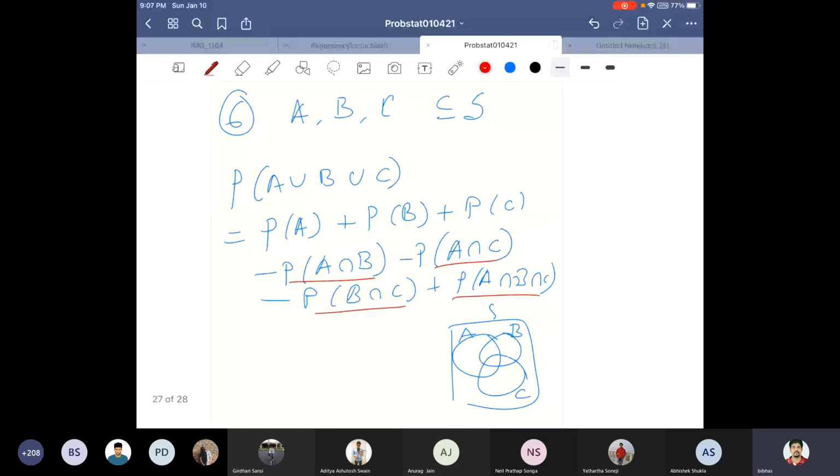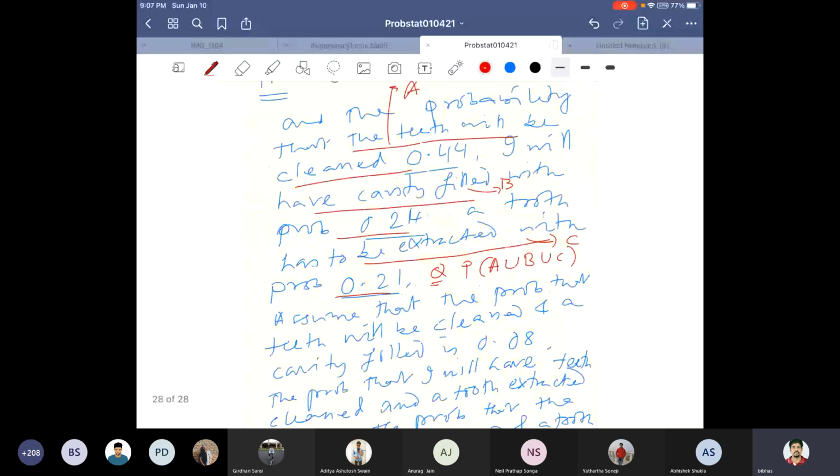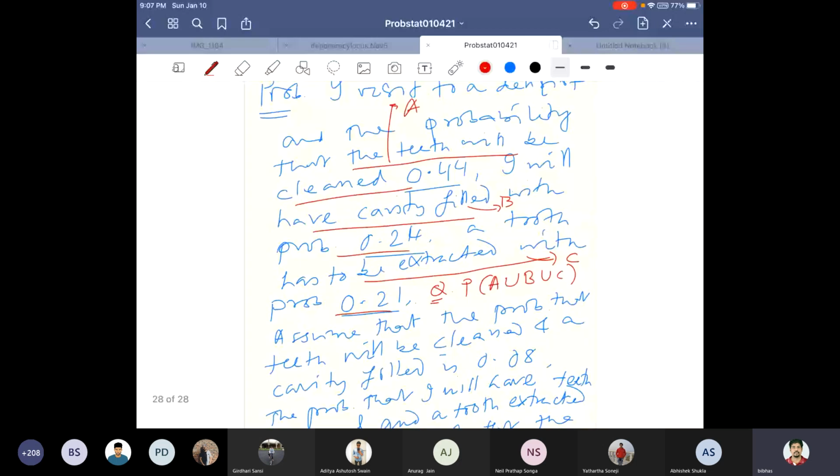If these values are given, for example A intersection B, that my teeth will be cleaned as well as a cavity filled, that is an event which is A intersection B. And similarly, you'll have all the probabilities.